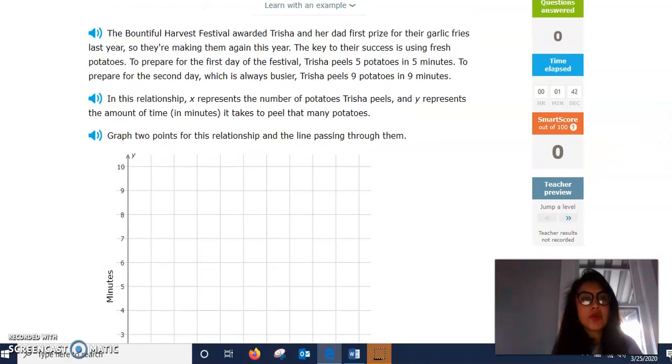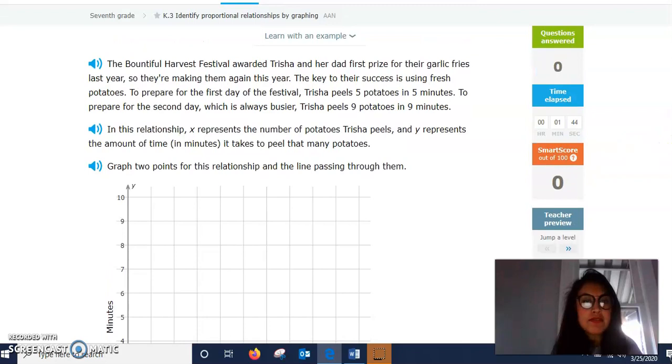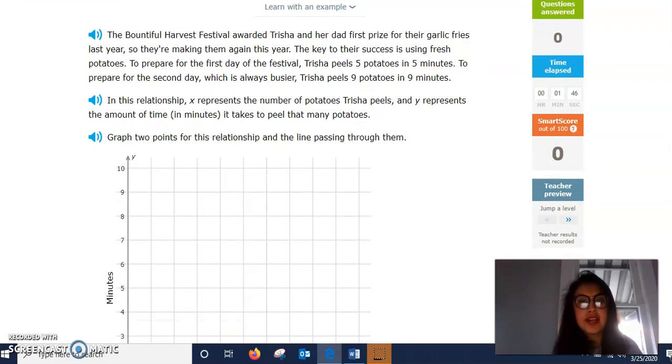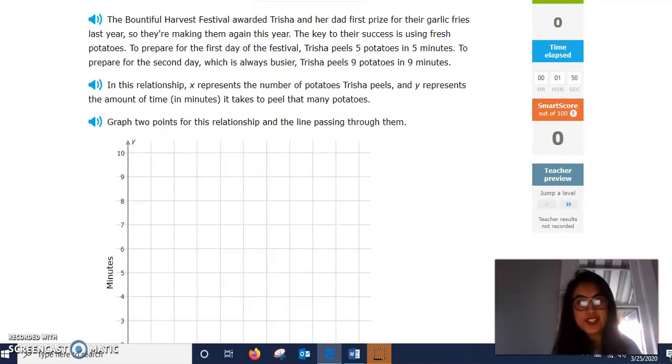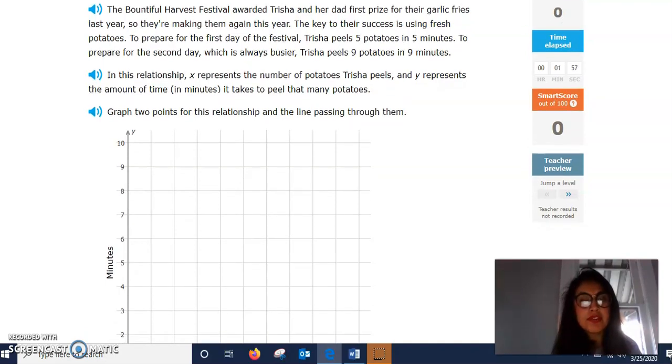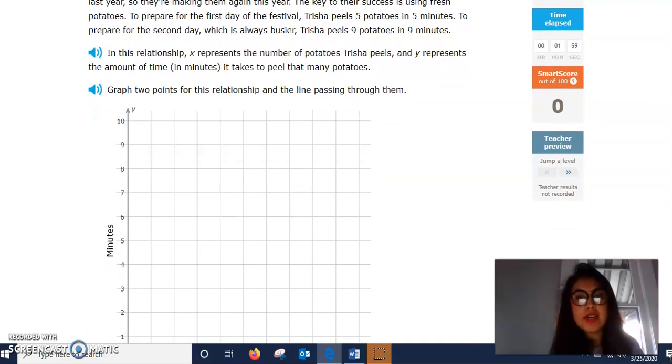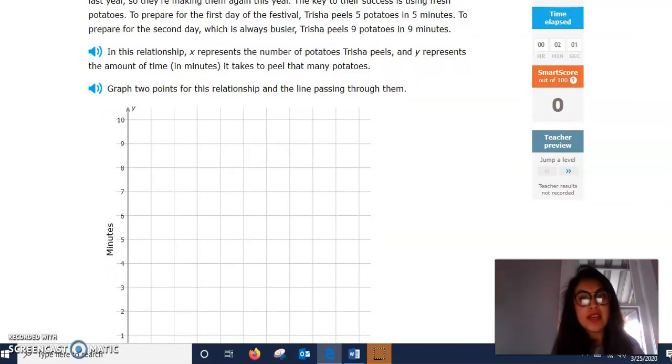It says, the Bountiful Harvest Festival awarded Trisha and her dad first prize for the garlic fries last year. So they're making them again this year. The key for their success is using fresh potatoes. To prepare for the first day of the festival, Trisha peeled 5 potatoes in 5 minutes.